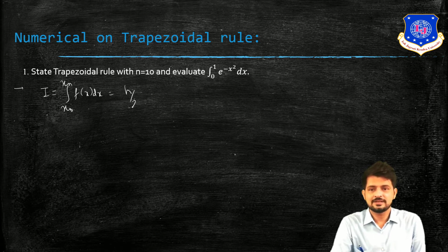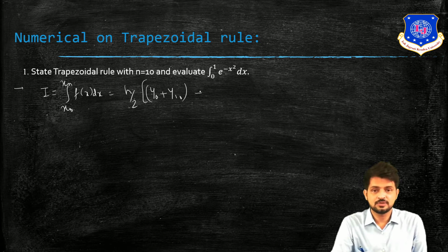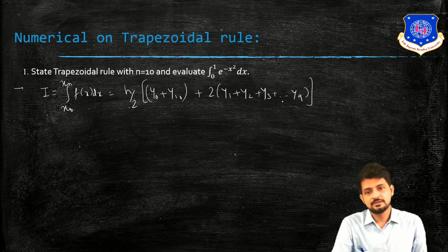This can be written as h by 2, first term plus last term. The first term will be y0 and the last term y10, plus 2 into the sum of the remaining terms, which will be y1, y2, y3 till y9.